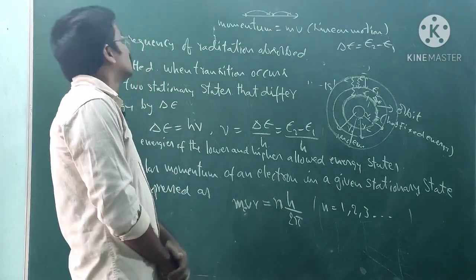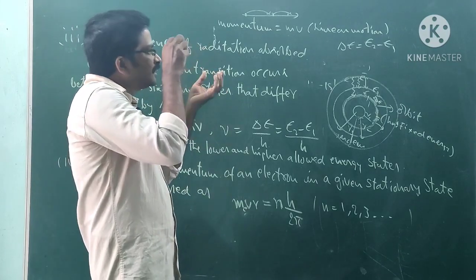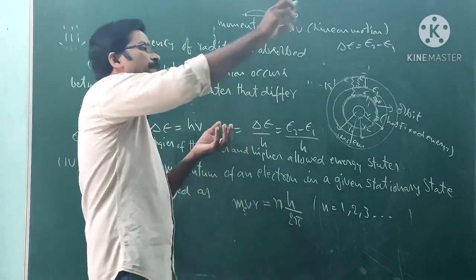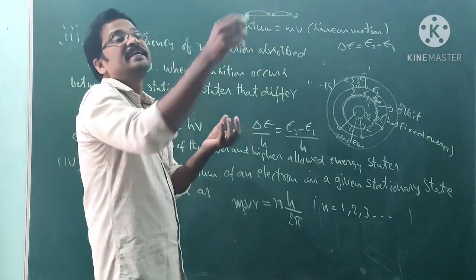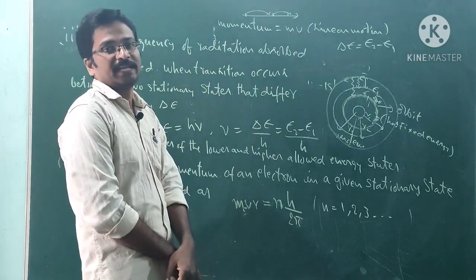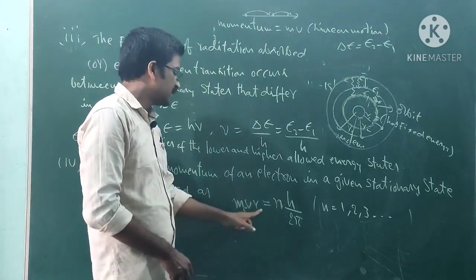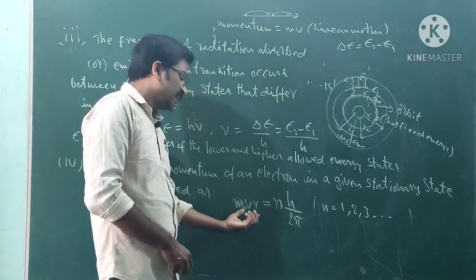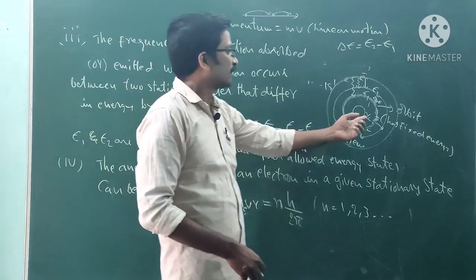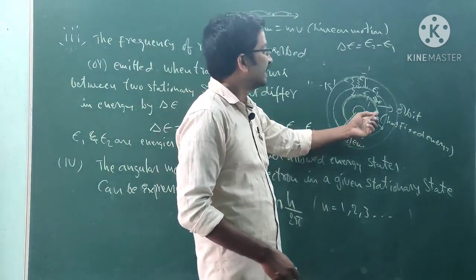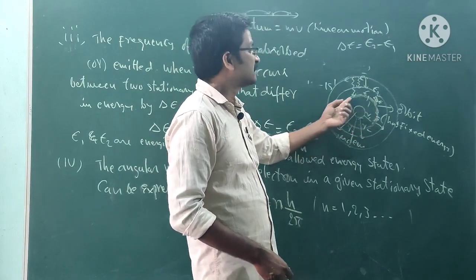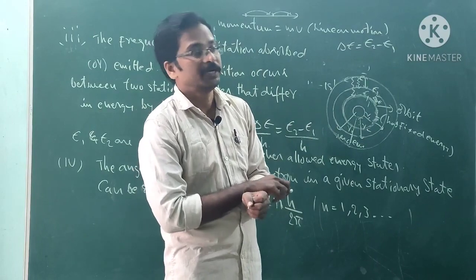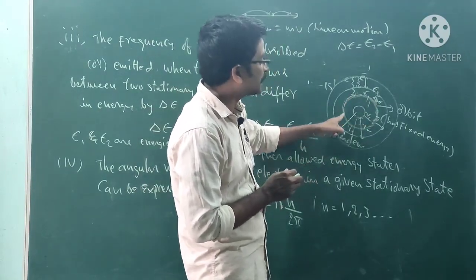Next, whenever this mass-containing object moves in a circular path, it has angular momentum. That is known as mvr. The radius is also countable. Whenever an electron moves in circular paths, it has angular momentum, not simply momentum, because it moves in a circular path.